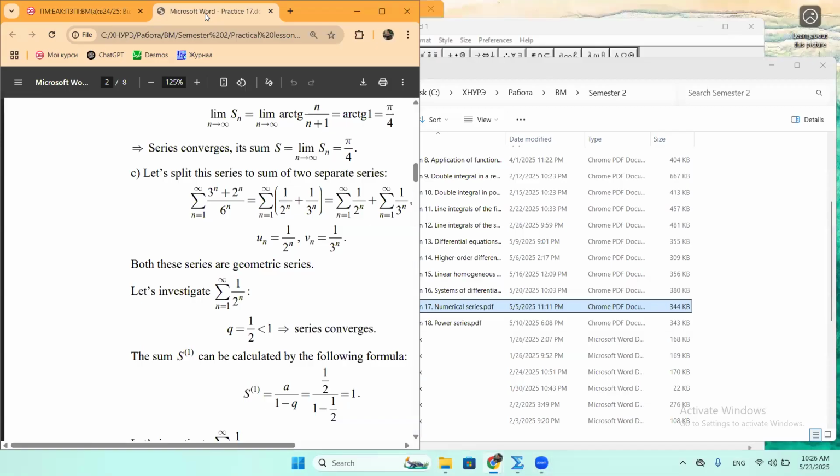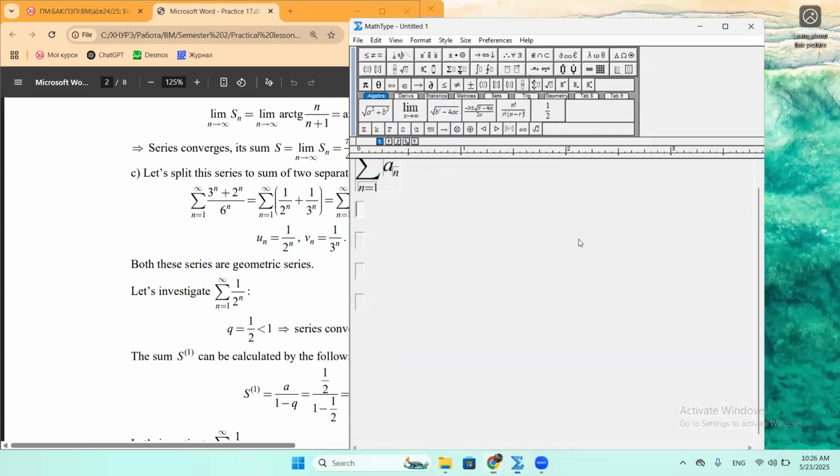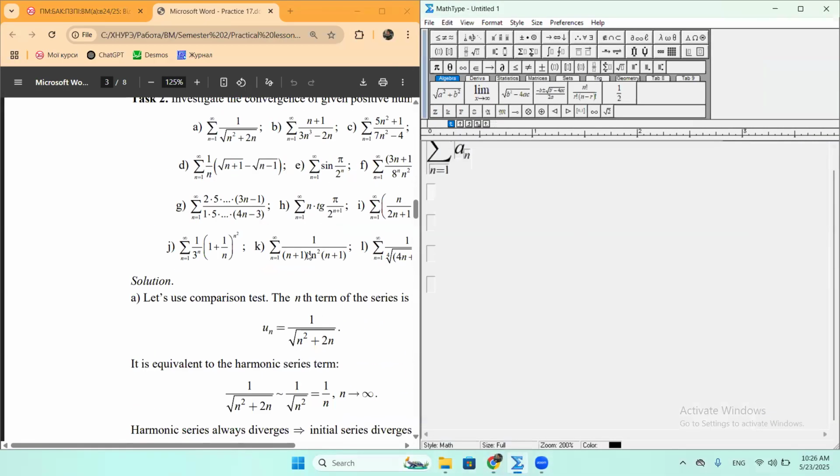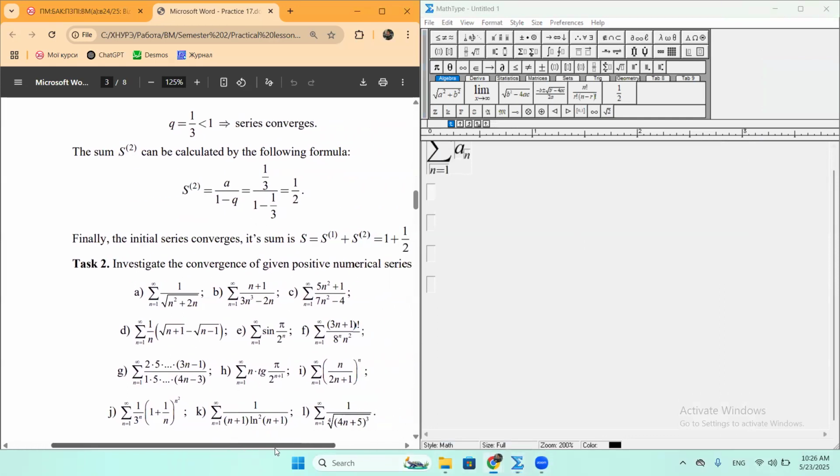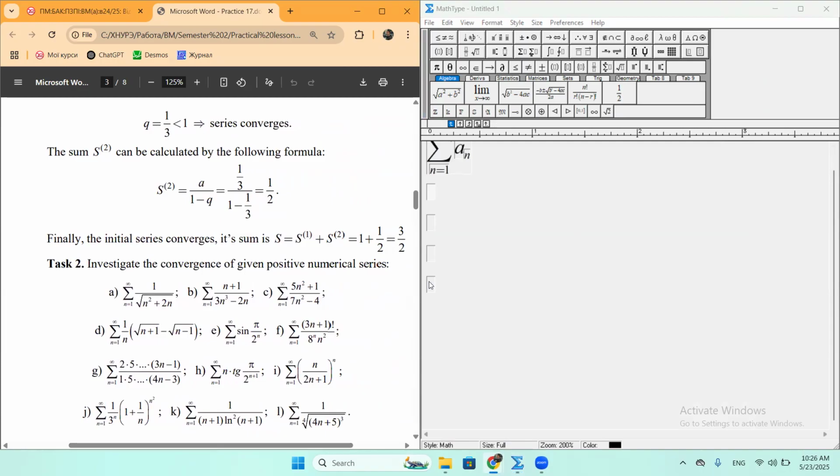Okay. So now we will use different tests to investigate the convergence of the following numerical series.